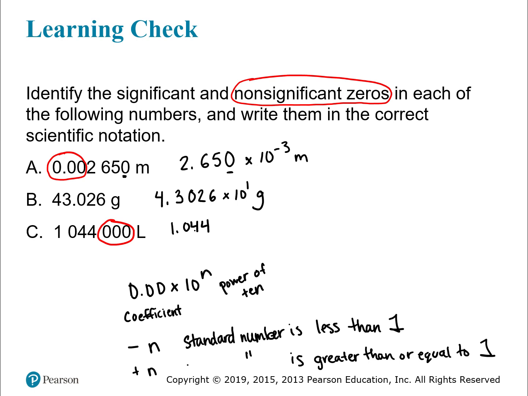We've got our coefficient for C, 1.044. And if we put that decimal point there, then we need to count 1, 2, 3, 4, 5, 6. 10 to the 6 liters. Don't forget to put units for all of these, because all of these are measurements. Measurements have units. Without the units, we don't know what it's measuring.